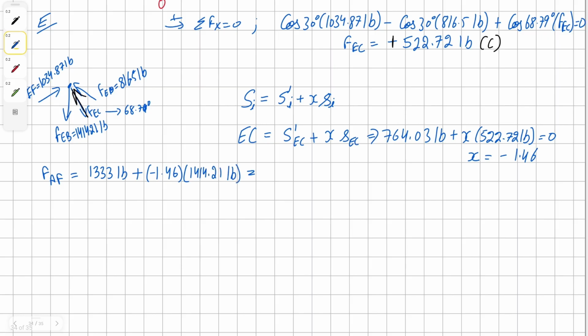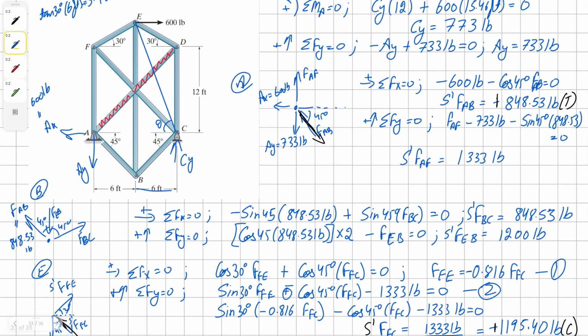Solving for this, we get our solution as negative 731.76. This tells us that our member is in compression. Because we took care of the signs already, we don't have to worry about it. So if we get negative now, it simply means compression. Positive means tension.